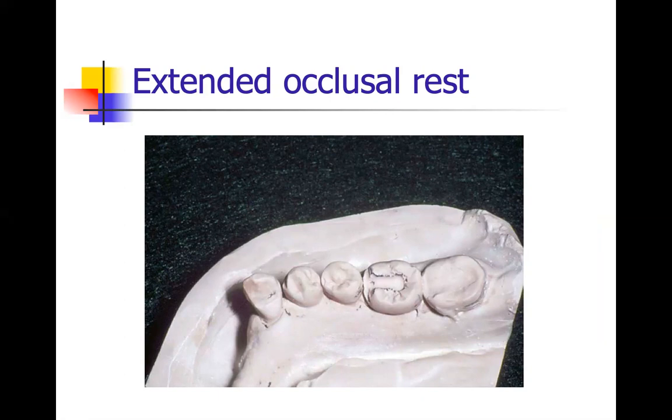The extended occlusal rest should extend more than one half of the mesiodistal width of the tooth and one third of the buccolingual width. The preparation should allow 1 millimeter thickness of metal.